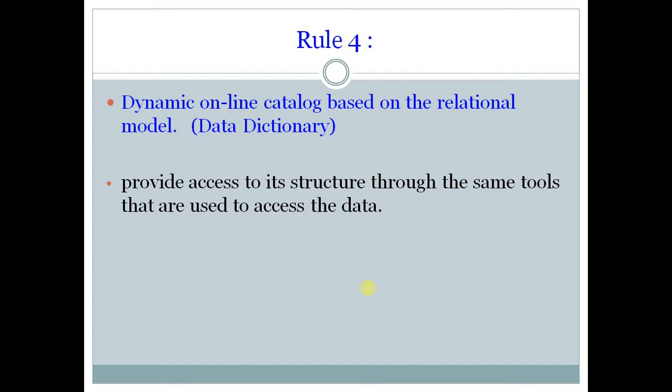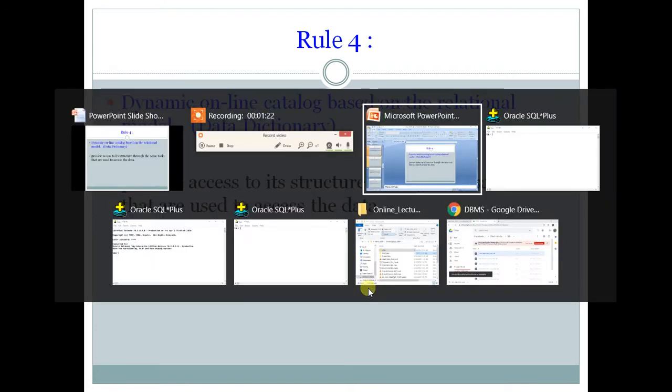So it means that there are two types of tables in RDBMS. Number one, user created tables that you create for your project or your practice. And second type of tables are internal tables, which are called data dictionary tables. So have a look at them.